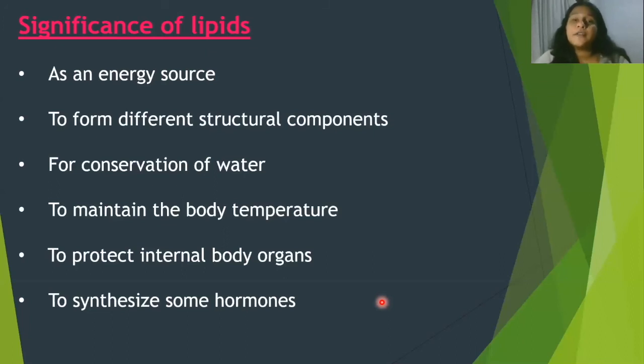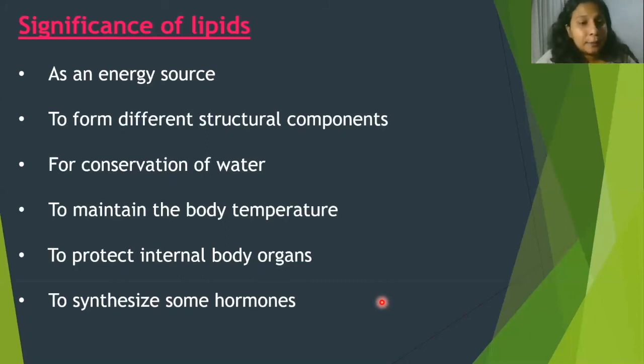now we are warm-blooded mammals, and birds are also warm-blooded. So we possess a hypodermal fat layer which acts as a thermal insulator, and it helps us to maintain the body temperature, right?